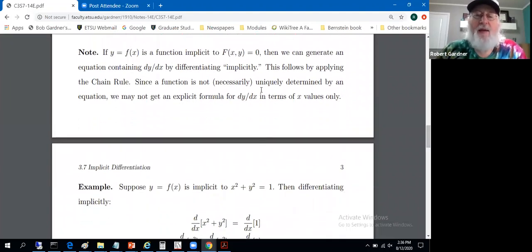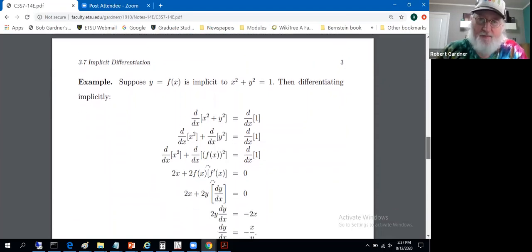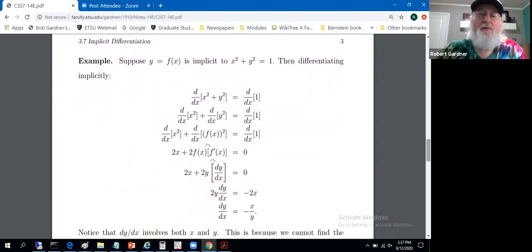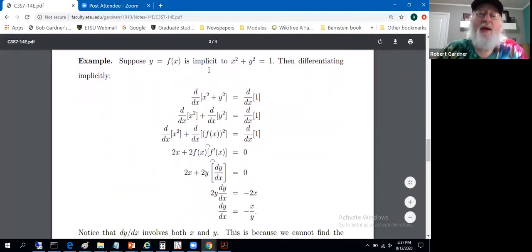Since a function's not necessarily uniquely determined by an equation, we may not be able to get an explicit formula for dy/dx like we have in the past. That's okay. Maybe the derivative will involve both x and y values, as we'll see. So suppose y equals f of x is a function implicit to the equation x squared plus y squared equals 1.